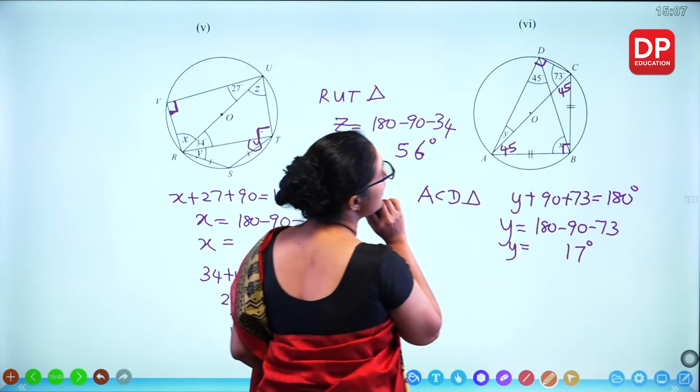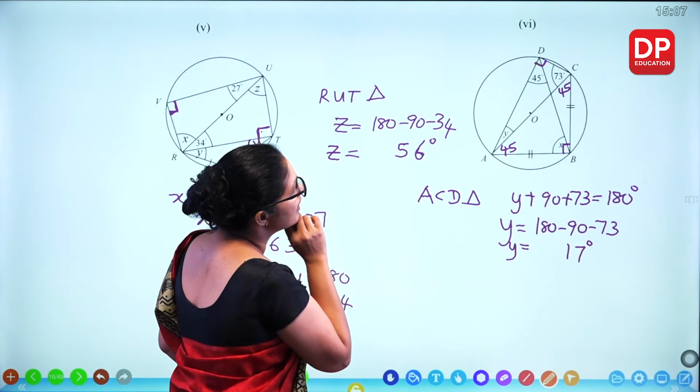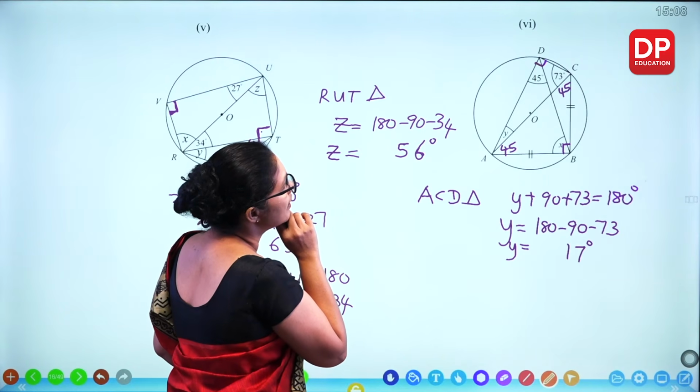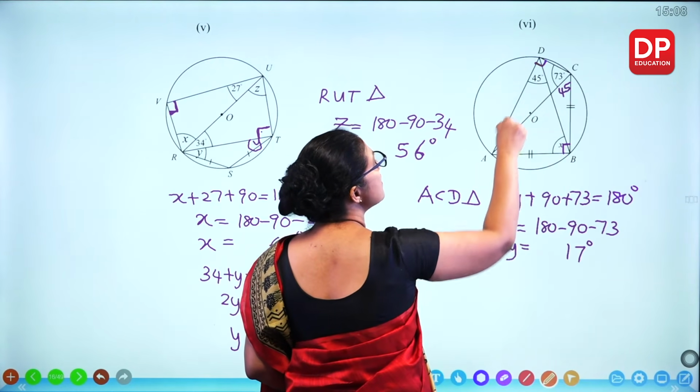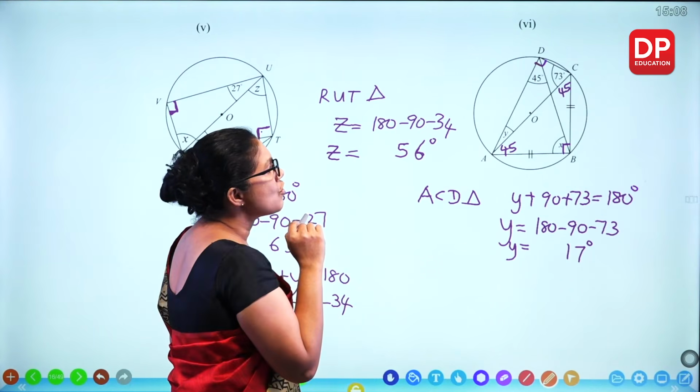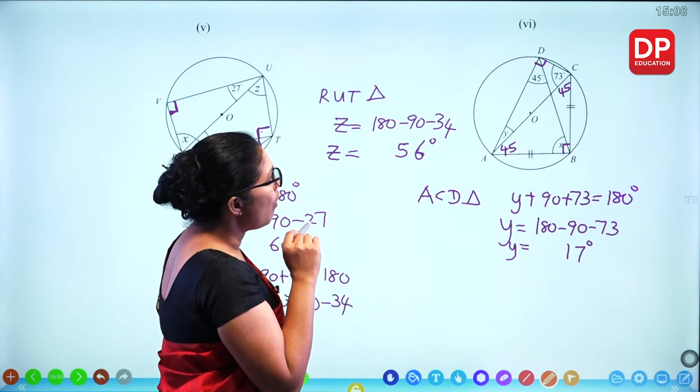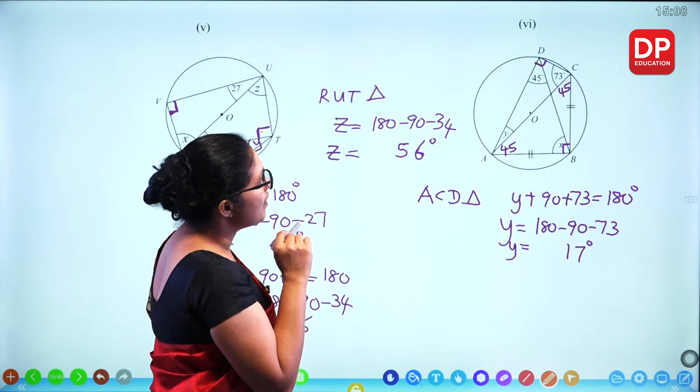Now we'll try to find out x. X angle, you can use either this ABD triangle, or what's the other way we can use?